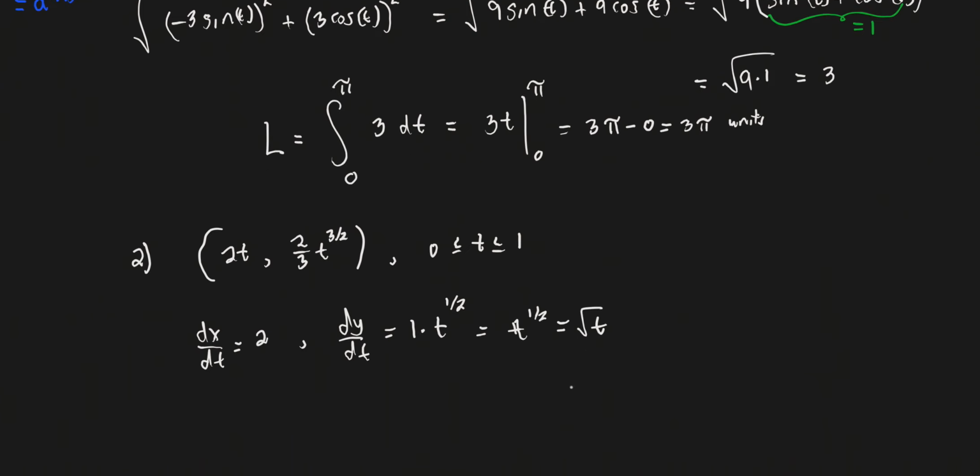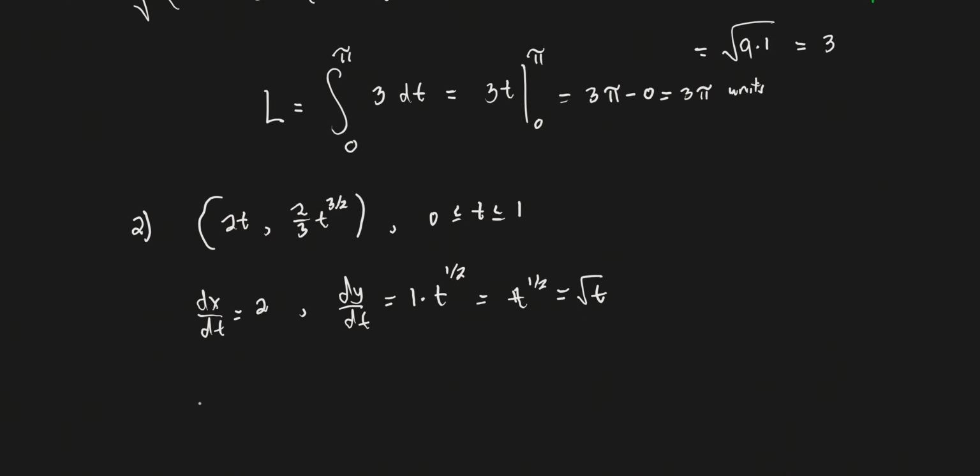So now let's set up the arc length formula. Again, I'm going to start with the radical and then see what we can do with it, and then eventually set up our definite integral. So it's the x derivative squared, so that's 2 squared, plus the y derivative squared, so that's root t squared, all under the square root.